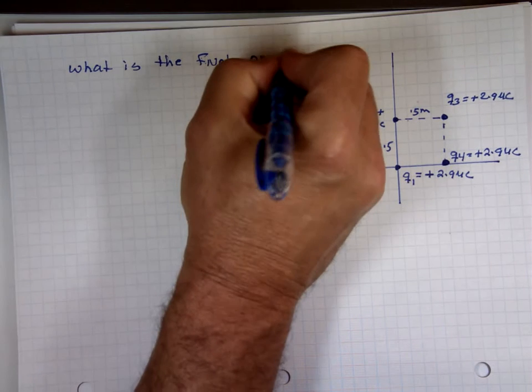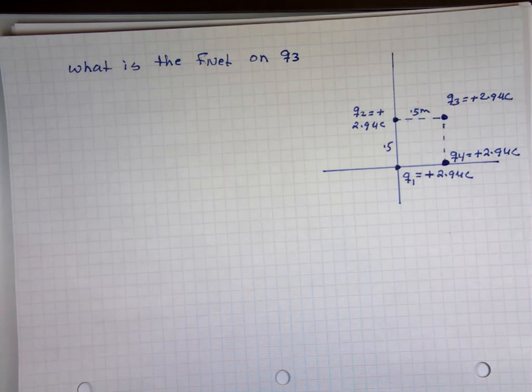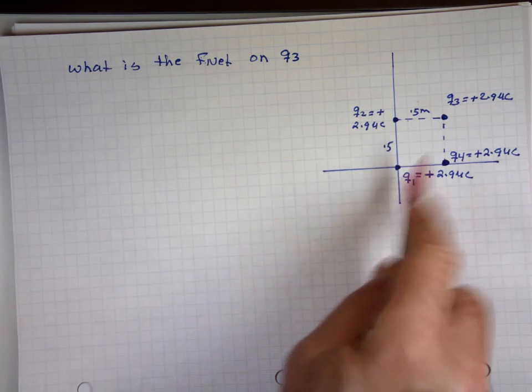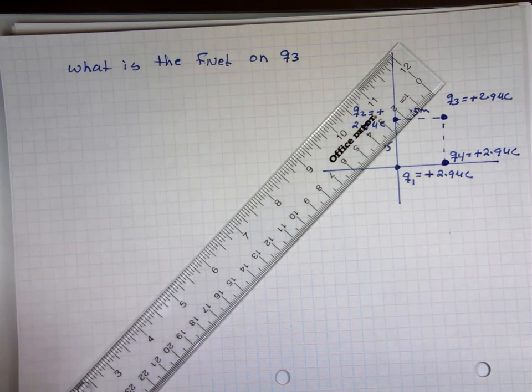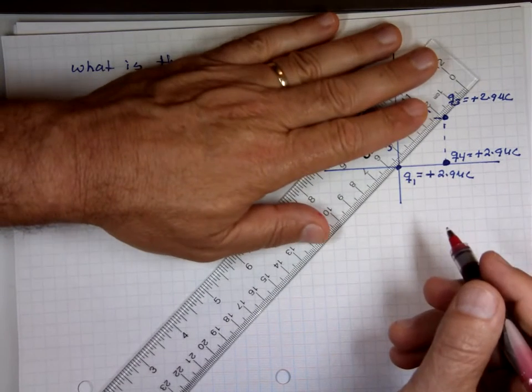Okay. Let's look picture-wise. What's happening there? Q1 on 3. They have the same charge, both positive, so they're going to repel. 1 is going to be pushing Q3 in that direction.